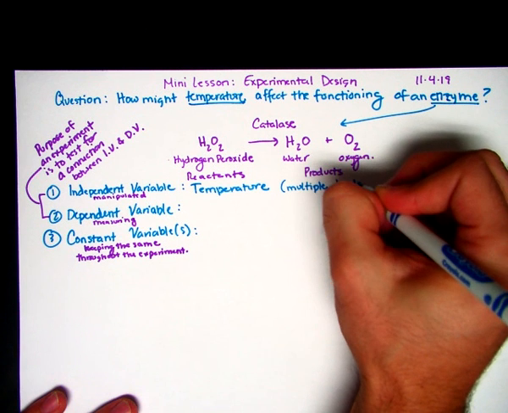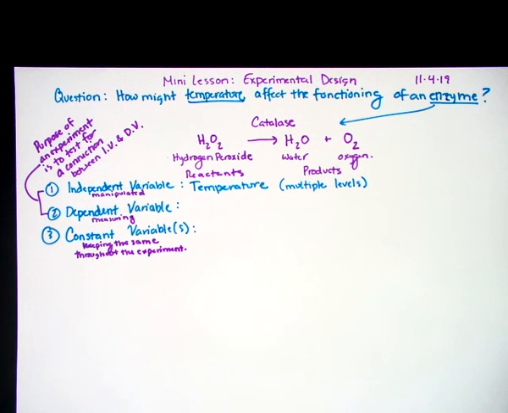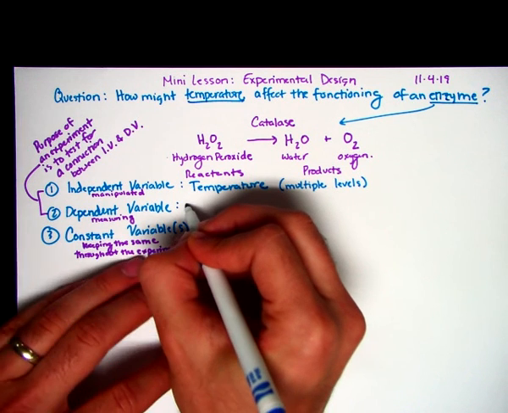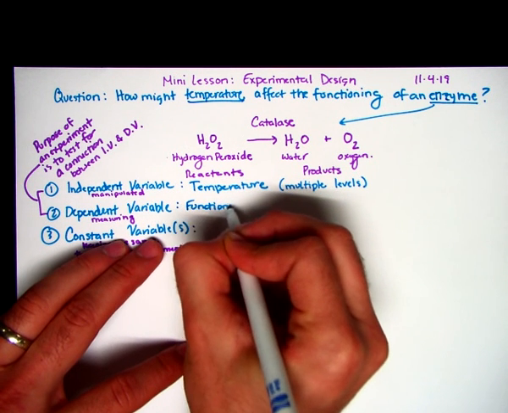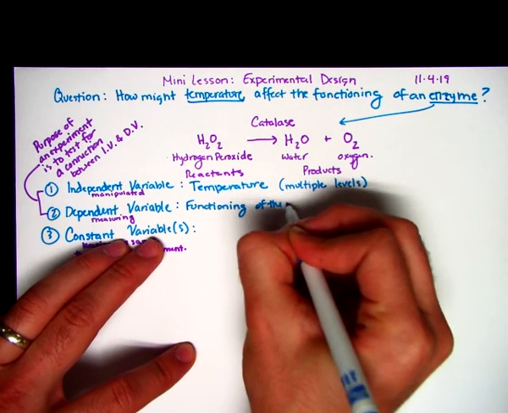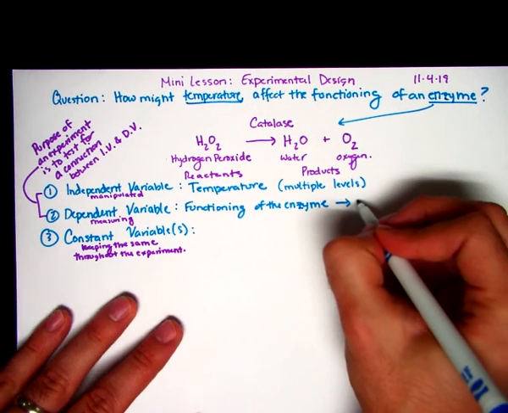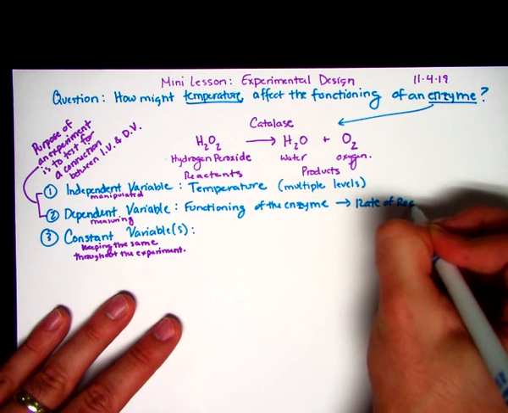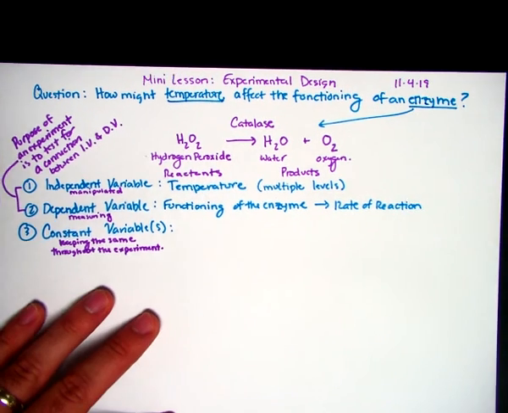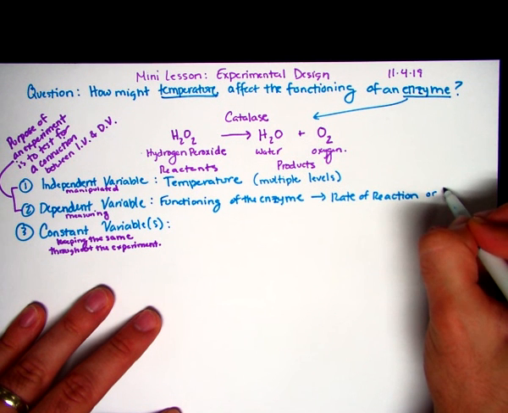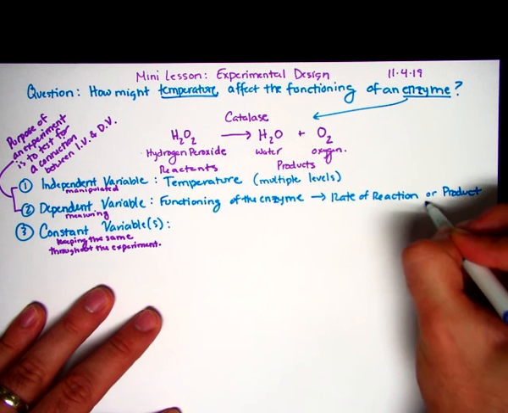All right, so in this case, we're going to be testing multiple temperatures. But what we'll always be measuring is the functioning of the enzyme, which in this case is the same thing as saying the rates of reaction or product formation, right? So how much product is being formed.